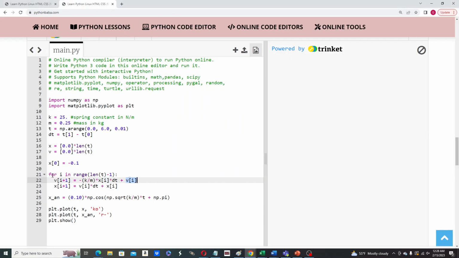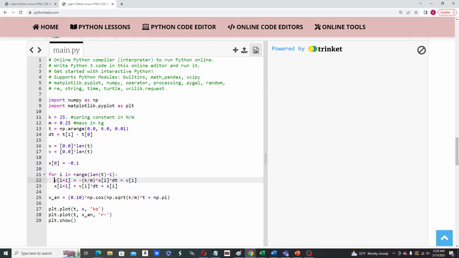And so here's the loop. Oh, by the way, here's the initial condition for my position. And since I'm letting my mass start from rest, then its initial velocity will be 0, which is what it's set to anyway, so I don't need to explicitly define that. But here is the bulk of the program. Here's the algorithm.